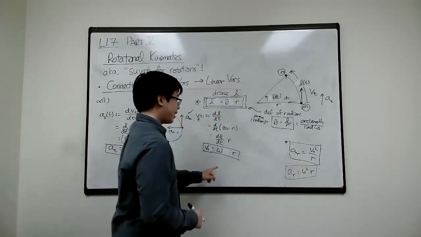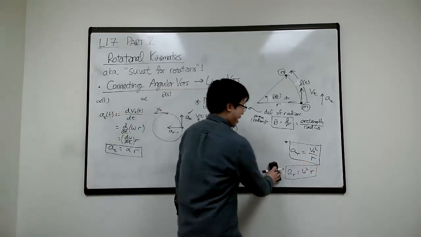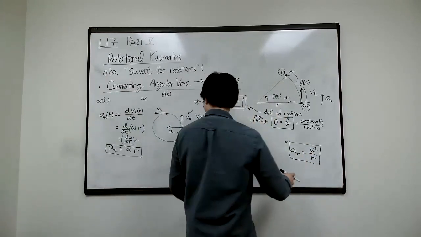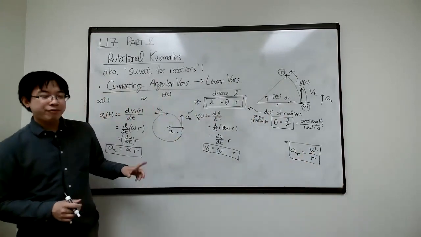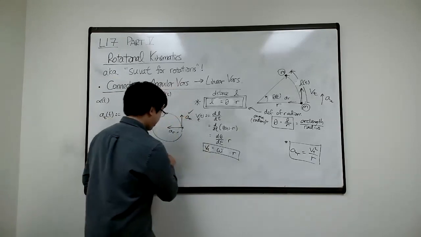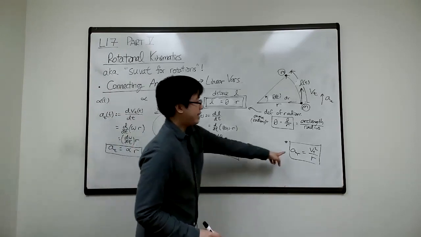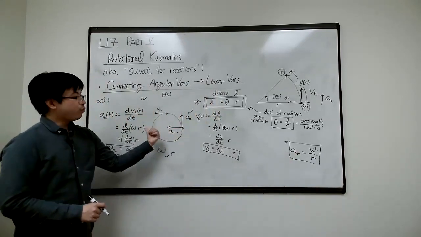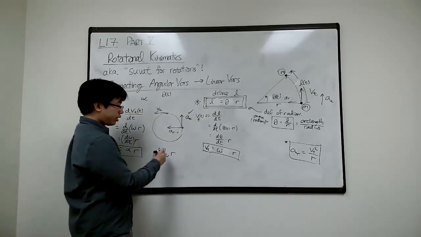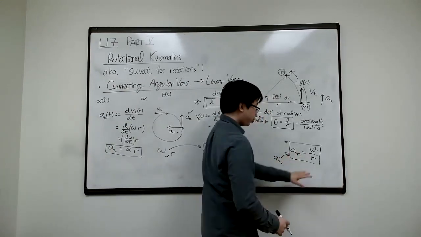Occasionally, if you're given the omega, you might need to use this. However, I would not even memorize that at all, as you can tell, because otherwise it's very easy to get confused, and derive it if you need, right? So I'll give you an example. If you're given omega and r, and it's asking you to find the inwards acceleration, the acceleration that is responsible for it to go in a circle, what you want to do is, if this is your aim, don't use that formula.